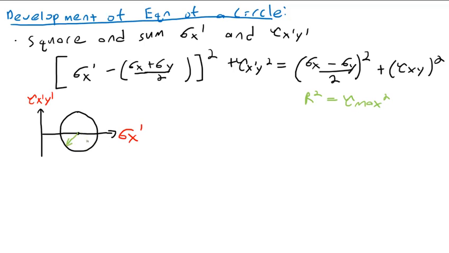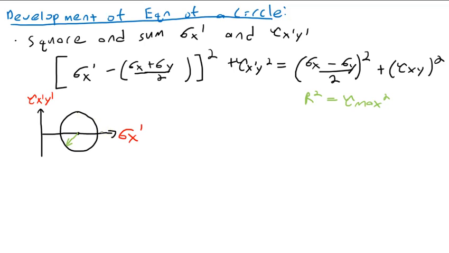And why is the center of this along the axis? Because we remember from previous lectures that the maximum and minimum normal stress occur at a location where the shear stress is actually 0.